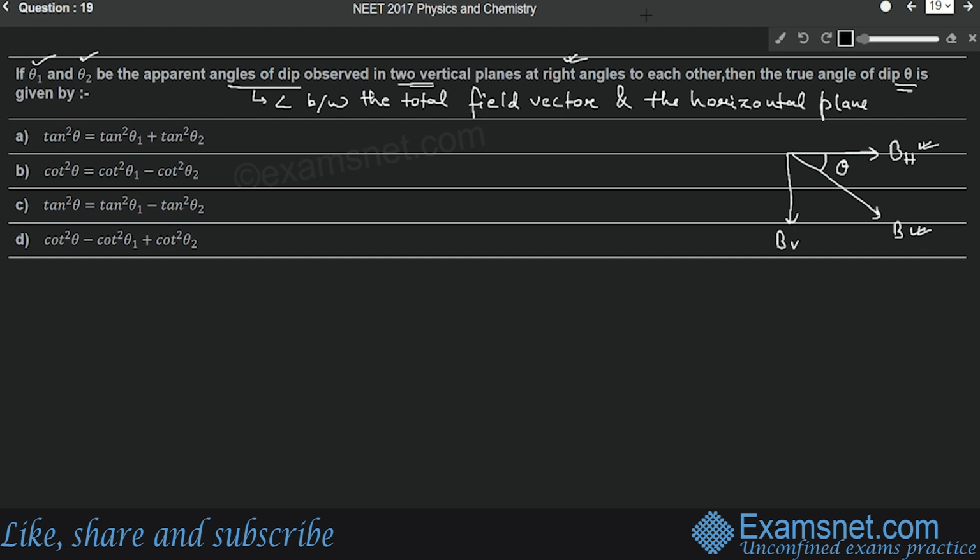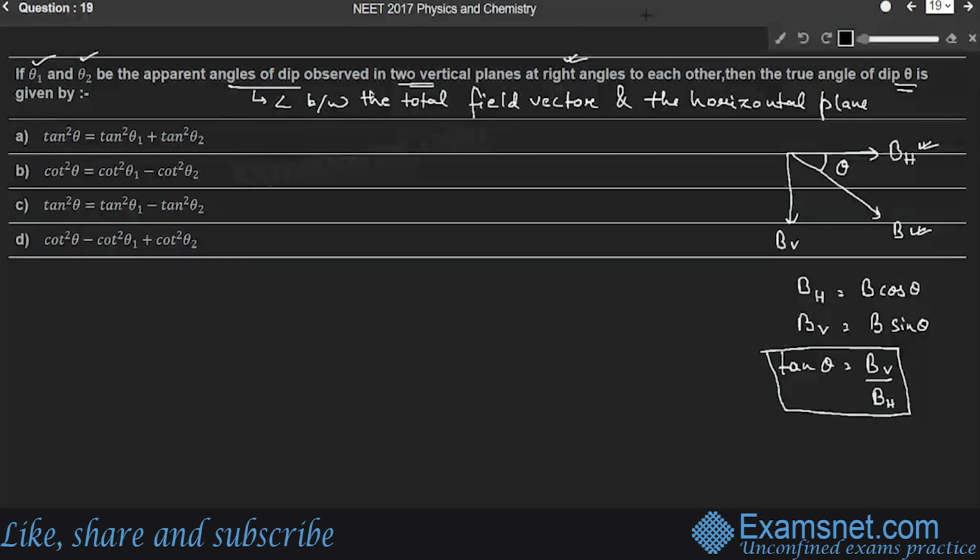Another important thing to know: the horizontal component BH is equal to B cos theta, and the vertical component BV is equal to B sin theta, and the ratio of vertical and horizontal components is equal to tan theta. That means tan theta is equal to BV by BH. This is the basic concept.